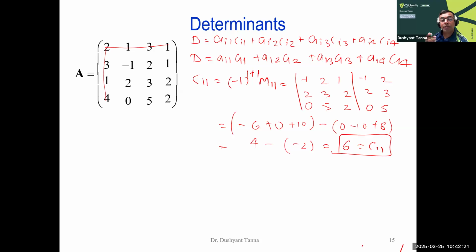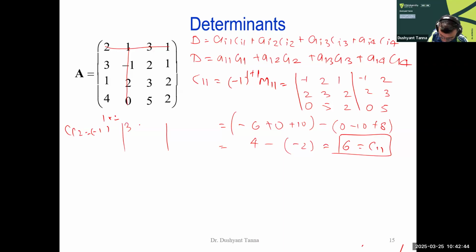The more you practice, the better you will be. I'll do C12: (-1) power 1 plus 2 times the minor of A12.